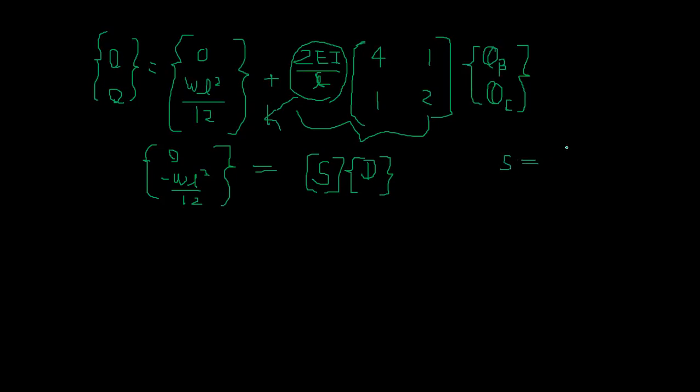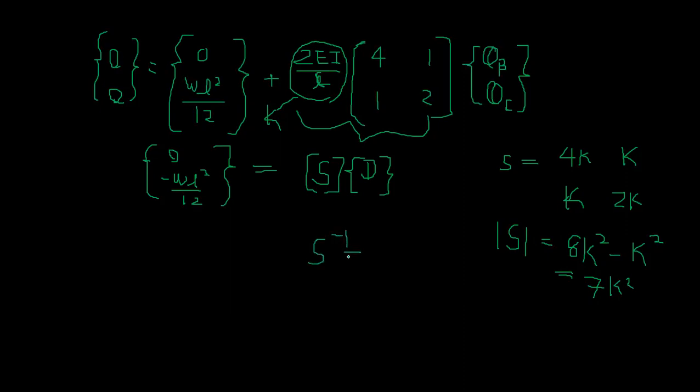So now S is 4K, K, K, and 2K. I need the determinant. You simply multiply the main diagonal and subtract the product of the off-diagonal. 4K into 2K is 8K squared, minus K into K, K squared. It is 7K squared.